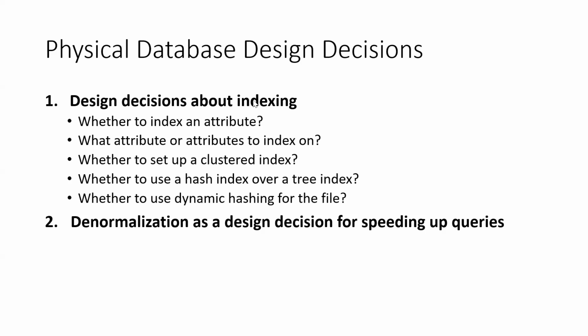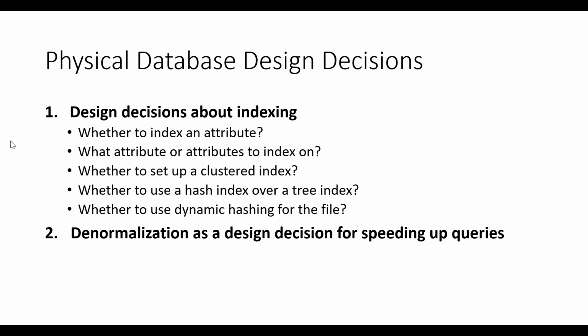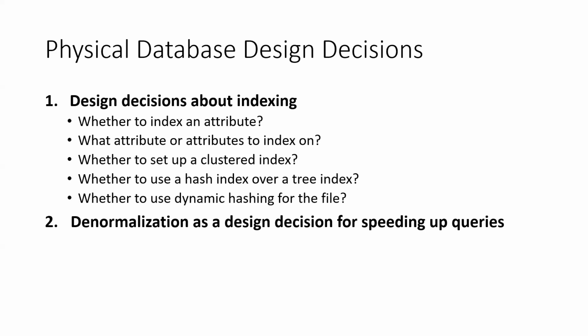There are other types of indexes available. One is what we call clustered indexes, where you can put multiple ones together. Then there is the question of whether to use hash indexes.